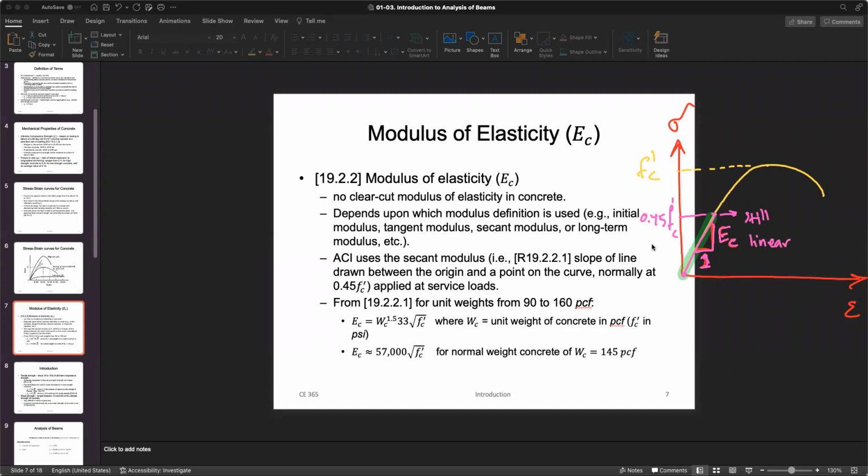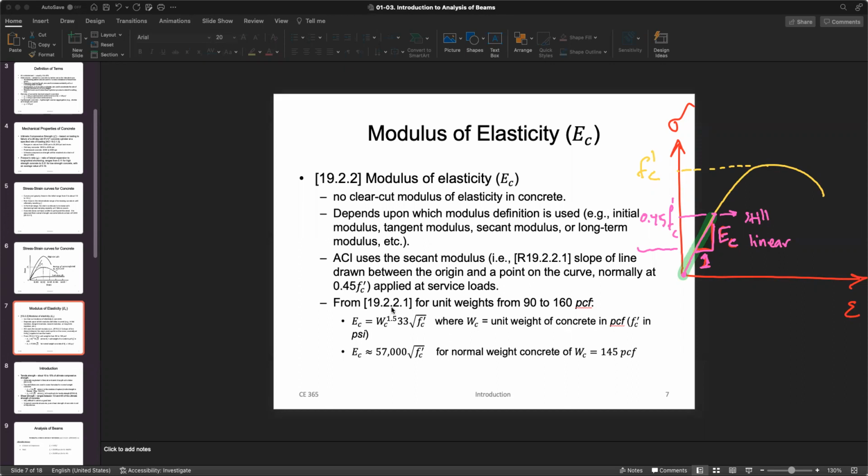This 0.45 will be used also in some calculations. I'm going to talk about it momentarily. So from this code reference, that's just basically a provision in the code that you are supposed to obtain.